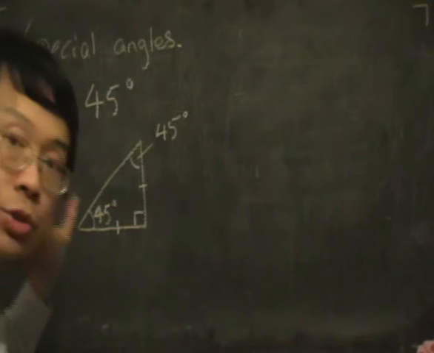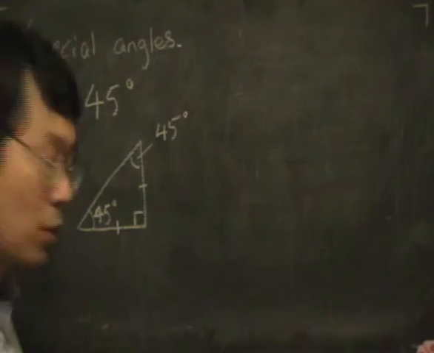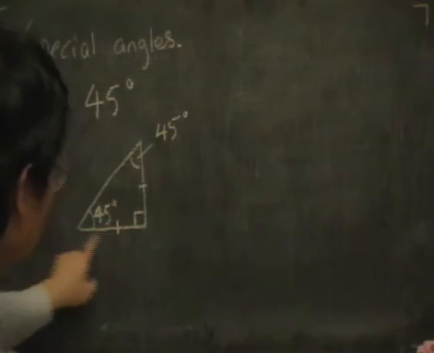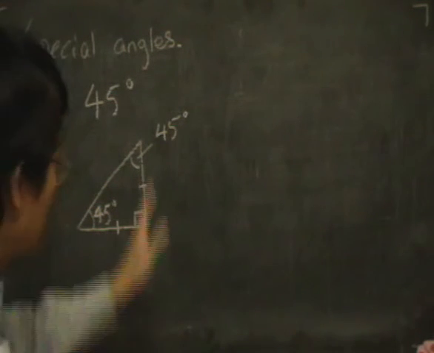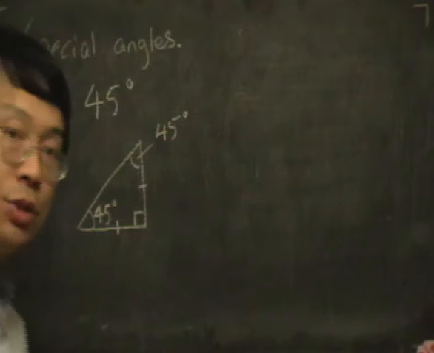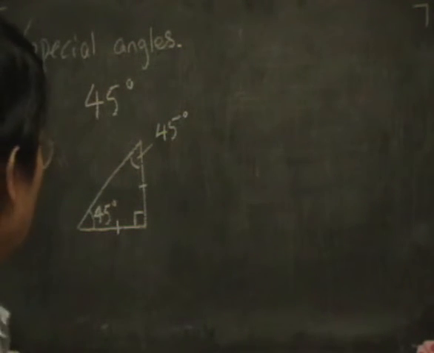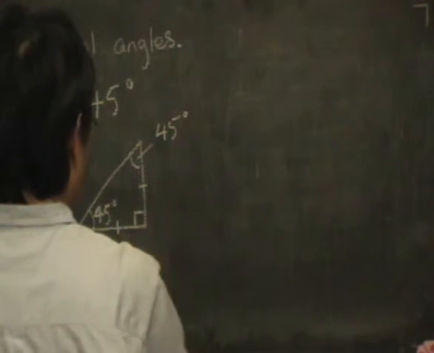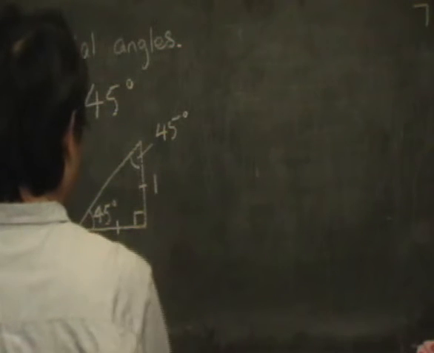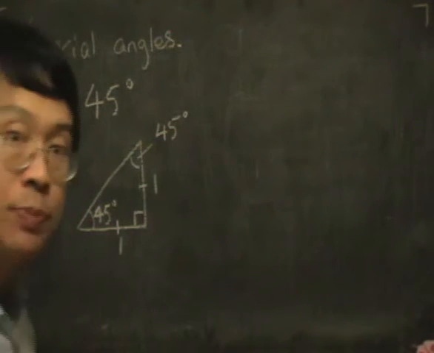Therefore, we have an isosceles triangle, in which those two sides are equal. So that's the opposite and the adjacent. The opposite is equal to the adjacent. So that's convenient. Now the way to do this is to let each of these sides be 1. So if that's 1, that must also be 1. So that will be our example.